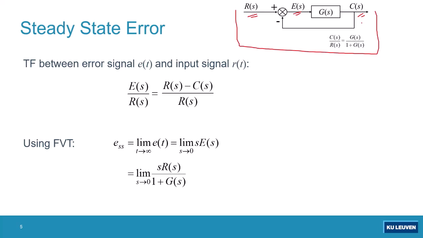So in that example, C corresponds to the temperature in our room, R corresponds to the setting temperature that we set in our air conditioning system remote controller, right?